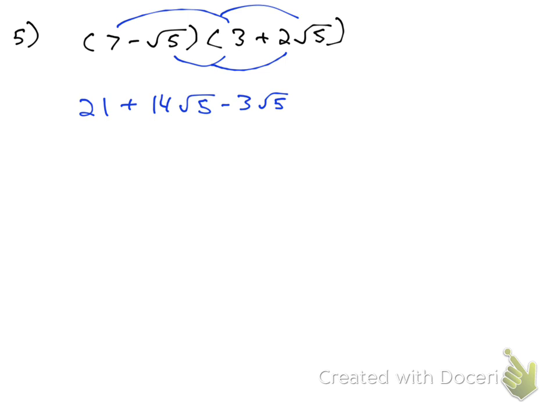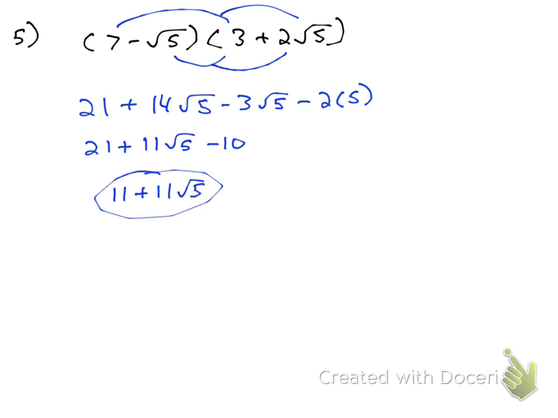Last, that will be minus 2 times 5, because that'll be the square root of 25, which is 5. So we got 21 plus 11 root 5 minus 10. So we got 11 plus 11 square root of 5. Yep, we cooked on that one.